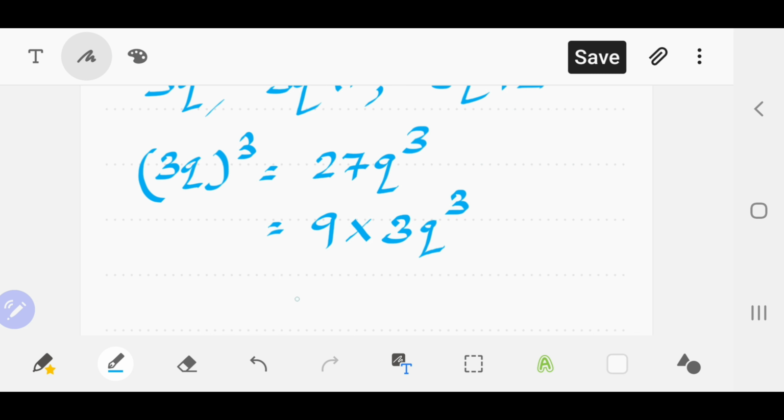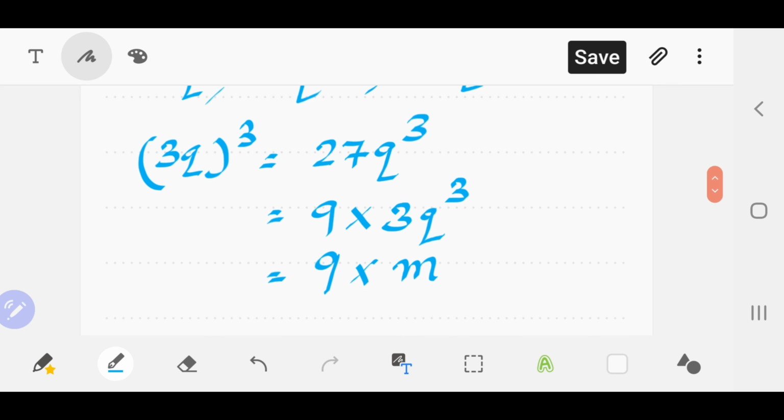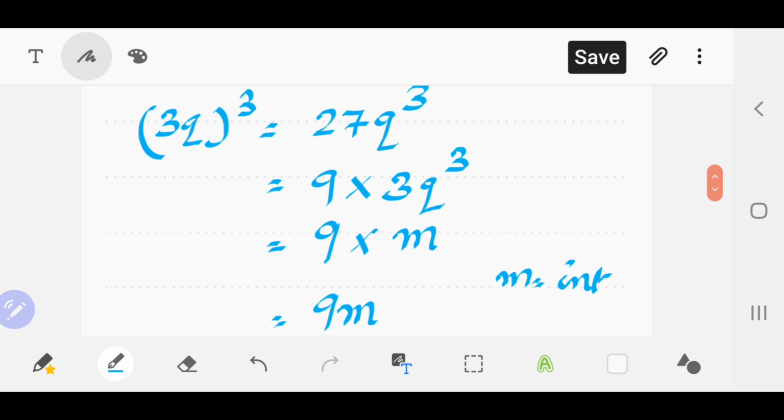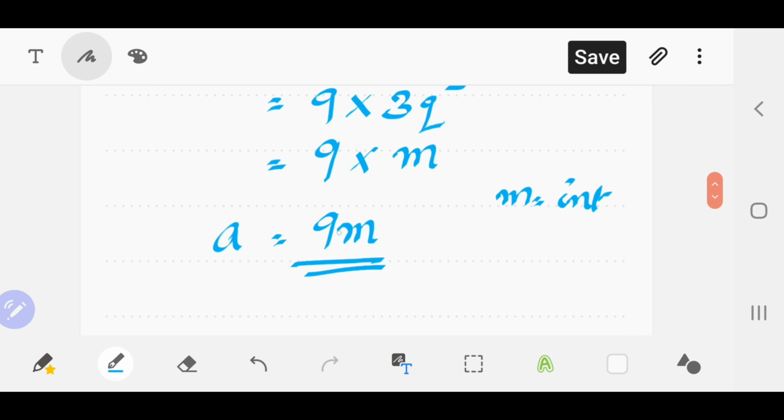That means 9 into, q is an integer, so q cube is also an integer, and an integer into 3 is another integer. So that integer we can take as m, where m is any integer. So it can be written as 9m.